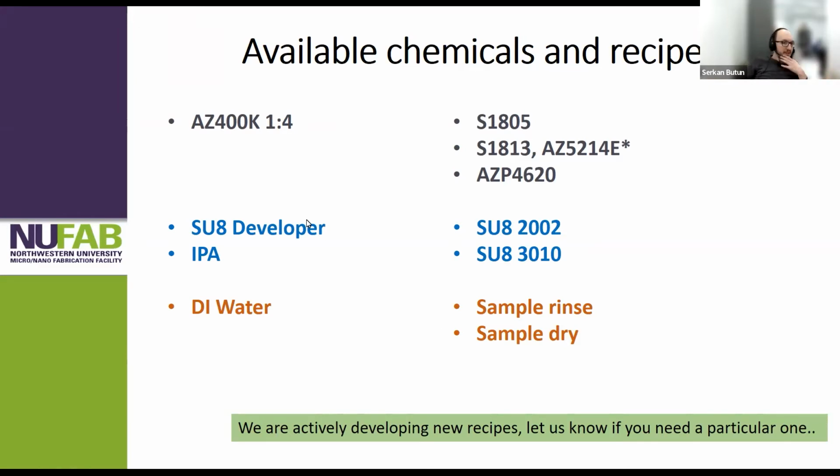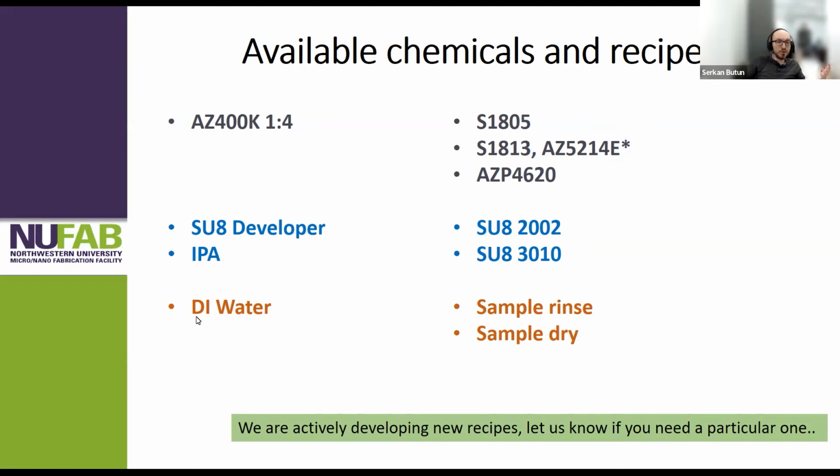All right. The next available set of chemicals are SU8 developer and IPA, which is used to develop SU8. Right now, we only have recipes for SU8 2 and SU8 10. If you're using these resists, you can just use the auto developer and make your developing go smoothly.